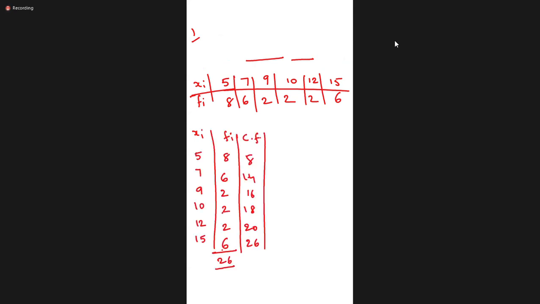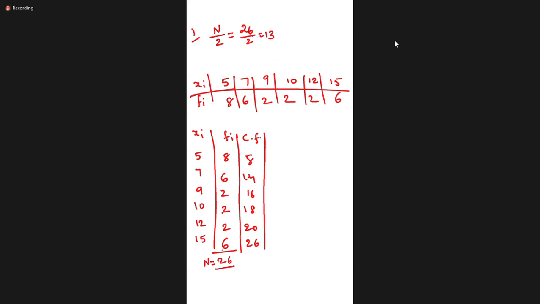Next, N by 2. N is 26. 26 by 2 is 13. In the cumulative frequency, just above 13, what is there?